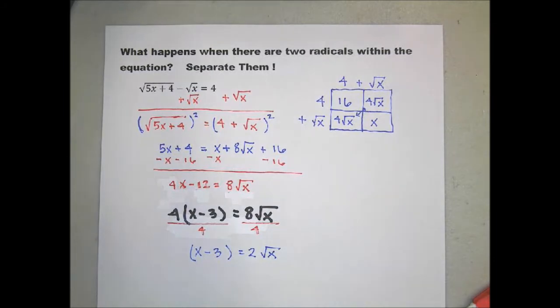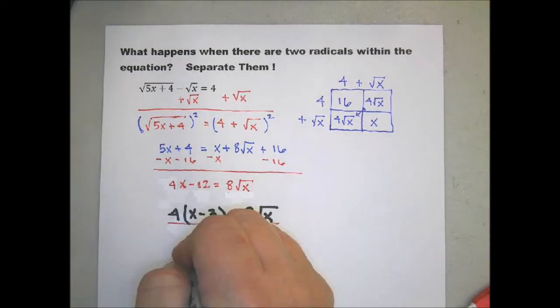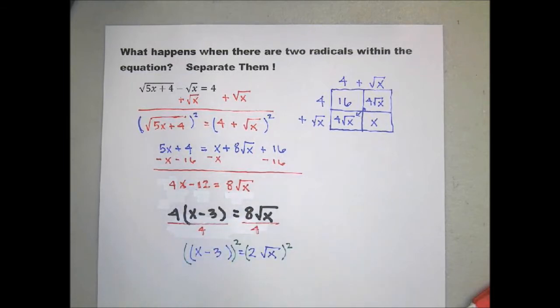Now at this point, I'm going to get rid of that square root x by squaring both sides. I'm going to square this side, and I'm going to square that side. Now the right-hand side, when 2 square root x is squared, the 2 actually does get squared, and that makes a 4.